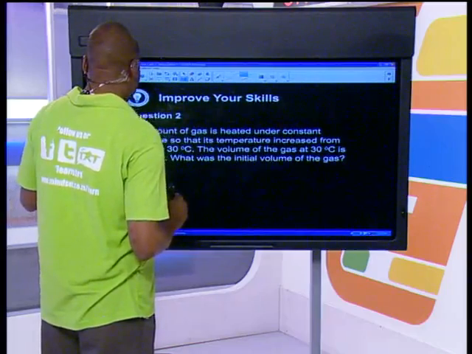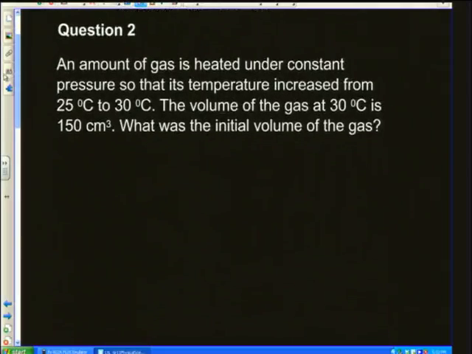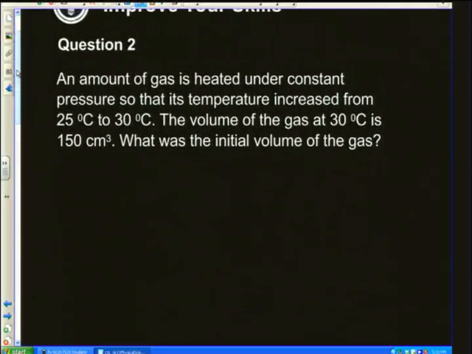Okay, we're looking at question number 2. Question number 2 says, an amount of gas is heated under constant pressure. Constant pressure sounds more like Charles' law.